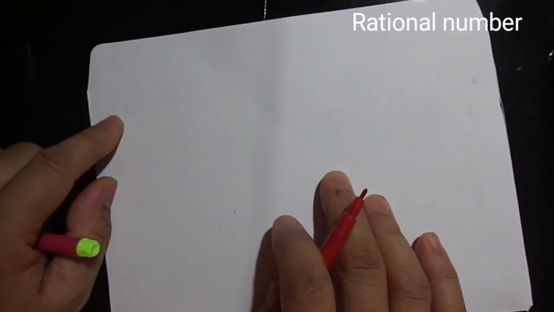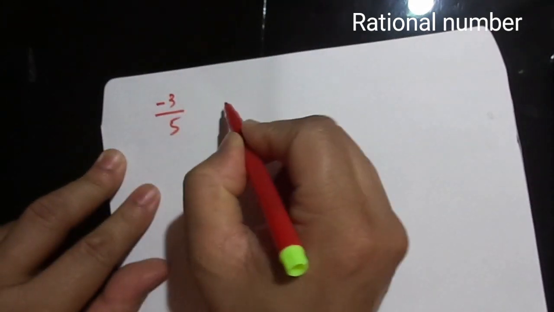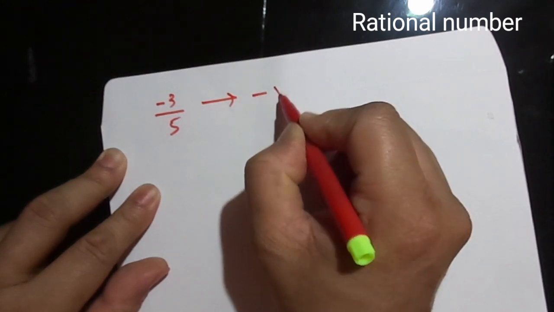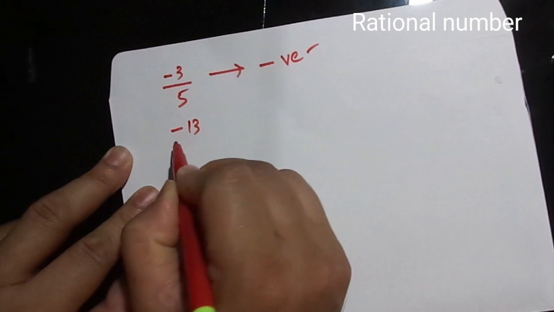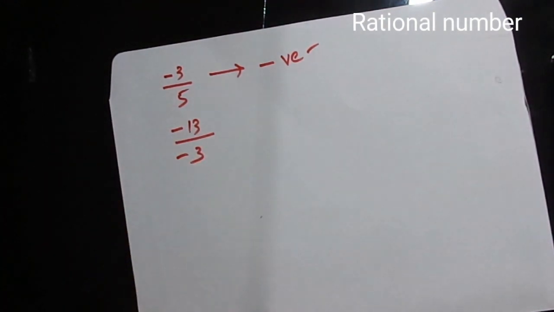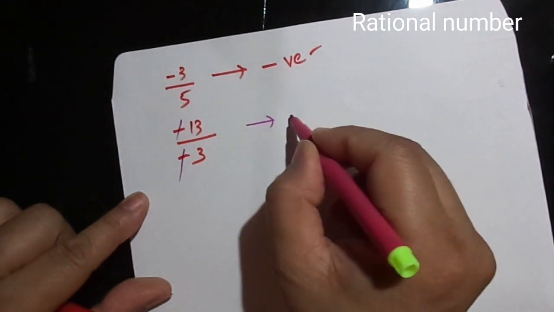Separate the positive and negative rational numbers from the following. If you have minus 3 by 5, this is in negative form. When you have minus 13 by minus 3, this is in positive form.